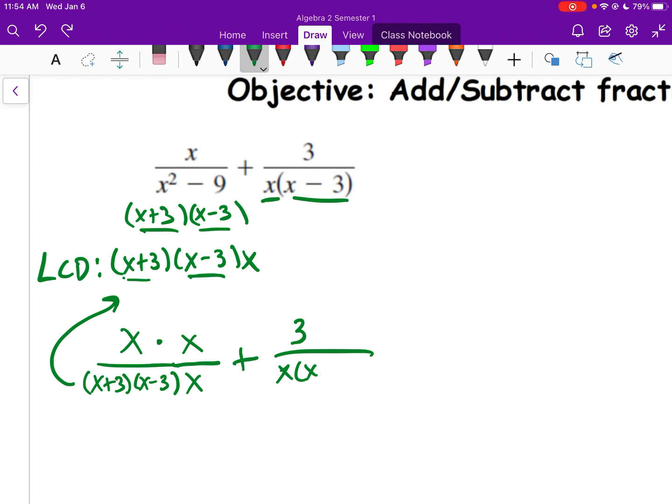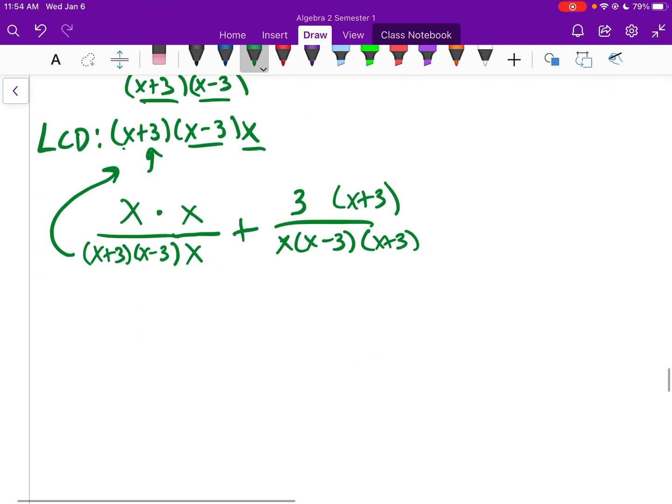When I go to the second term, oh, we got the x minus 3. So now when I compare that to the LCD, that denominator has the x minus 3, it has the x, but it is missing the x plus 3. So I'm going to multiply both top and bottom to get that.